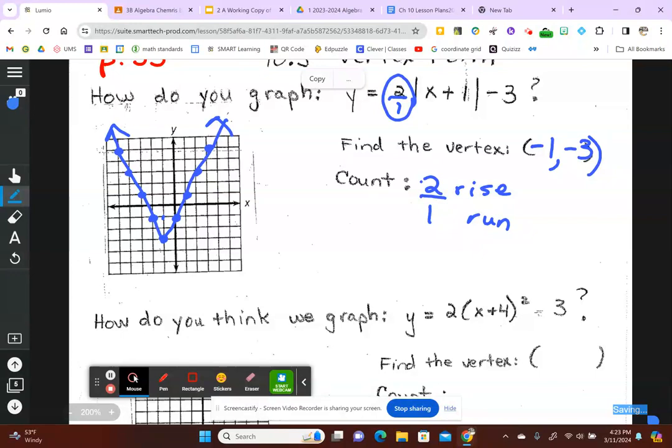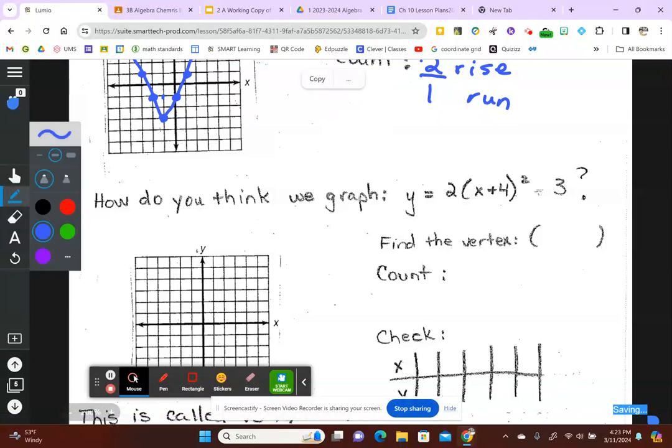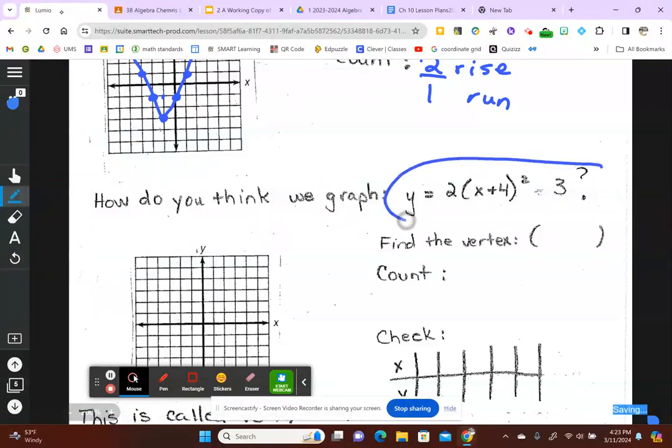Okay? So the reason I'm reviewing this is because now when we look at this next form, this is obviously not absolute value. It's not absolute value because this is squared.